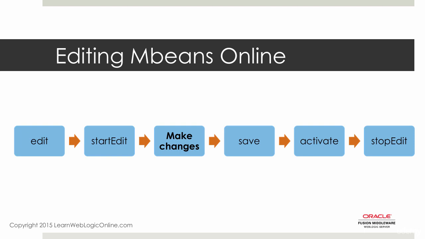Activate pushes all those changes out to all the members of your domain, to all the other managed servers. Once you've activated those changes and all the managed servers have picked up those changes, then you must release the edit lock, and that is the stop edit command. And once you've issued the stop edit command, you are done.